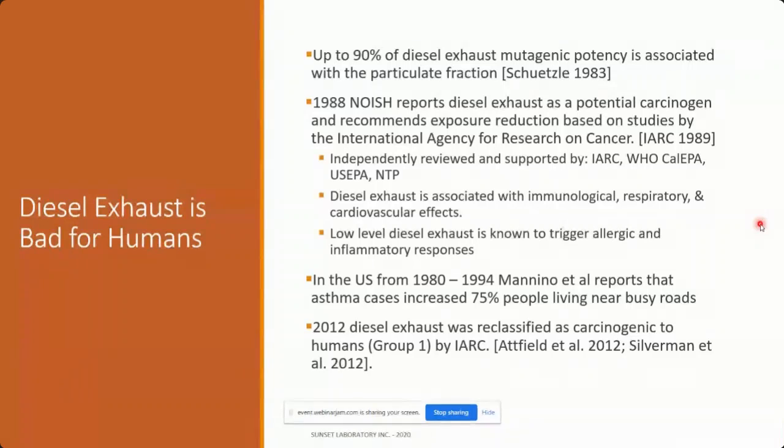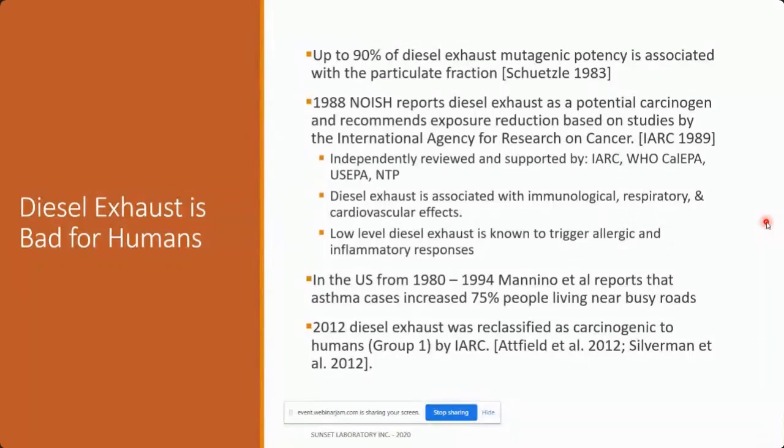This research progressed into the mid-1980s, where NIOSH started reporting that diesel exhaust was a potential carcinogen and recommended decreased exposure. Quite a few international agencies, beginning with the International Agency for Research on Cancer, began classifying diesel exhaust as a potential carcinogen and recommending that exposure be decreased.